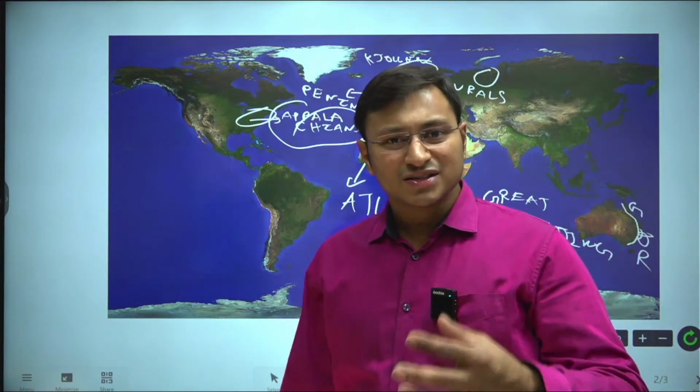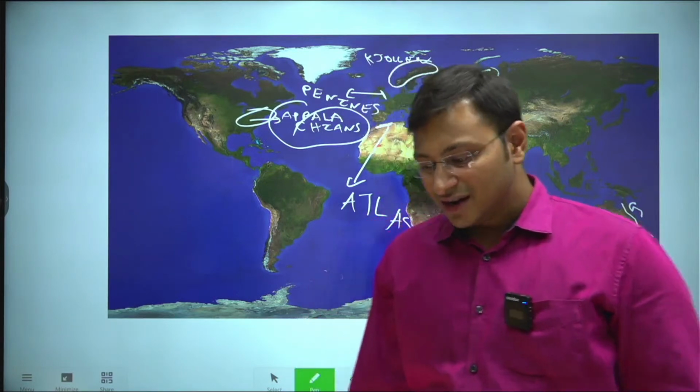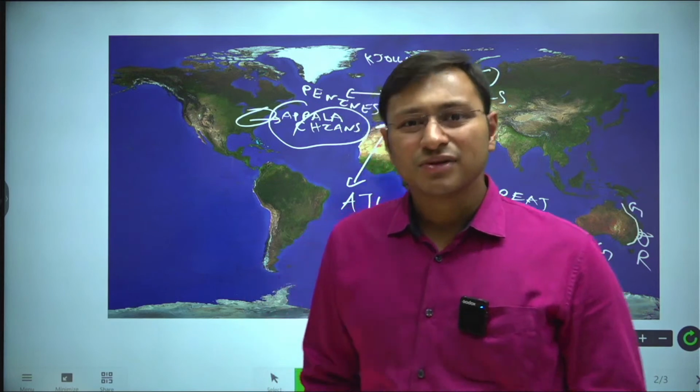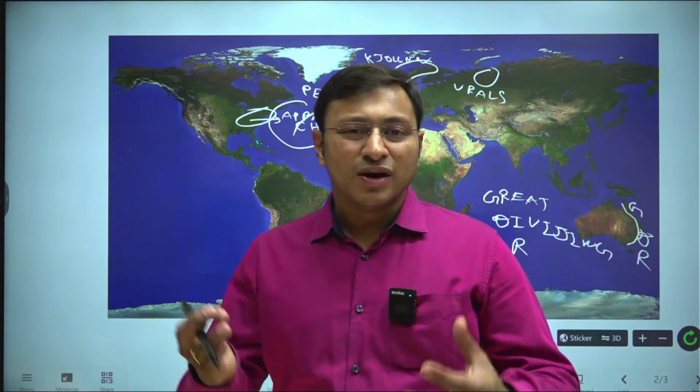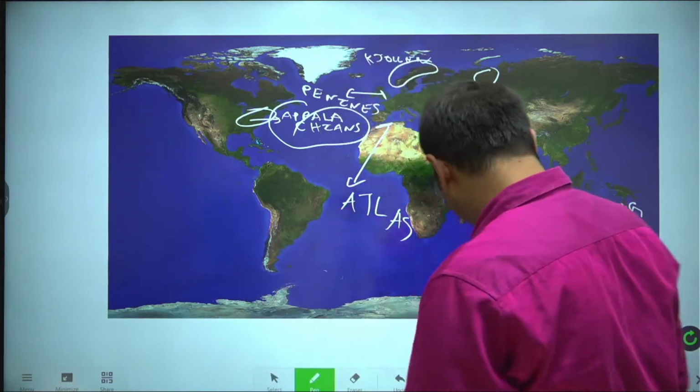Now let us take our discussions further. Let us now understand the next mountain building phase. But before that, I would like to introduce you all to a geographical entity called Pangaea.